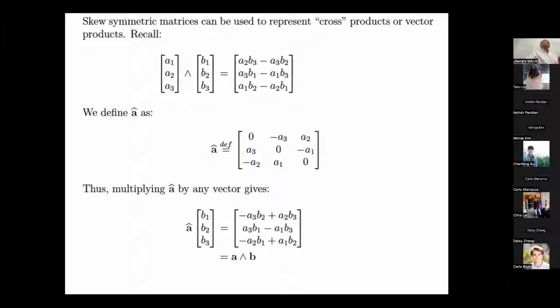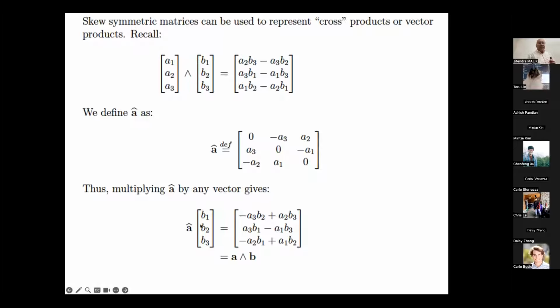What we can do is, it's a linear operation, doing a cross product. Therefore, it should be expressible by some kind of matrix multiplication. And that matrix is what is shown in the middle here. This matrix A hat has the property that when you multiply it with the vector B, so consider what's happening here.